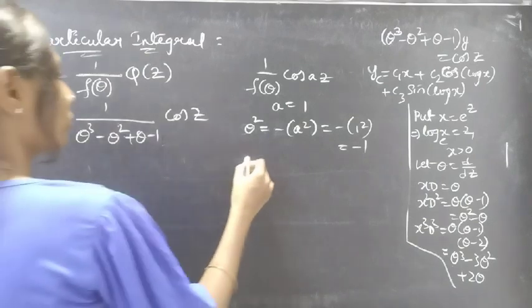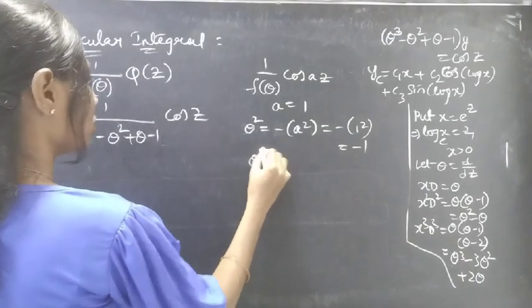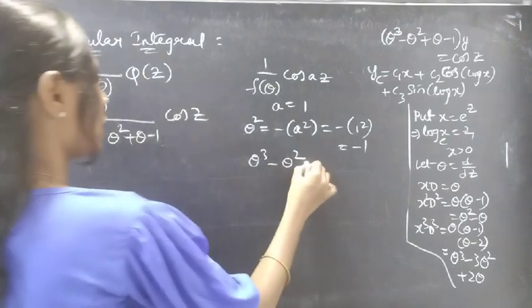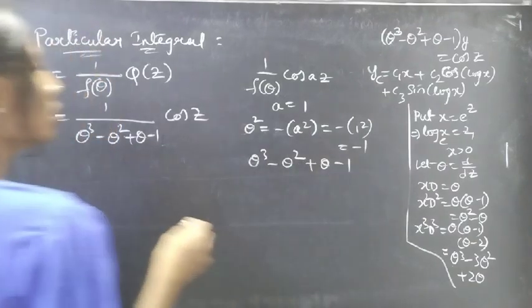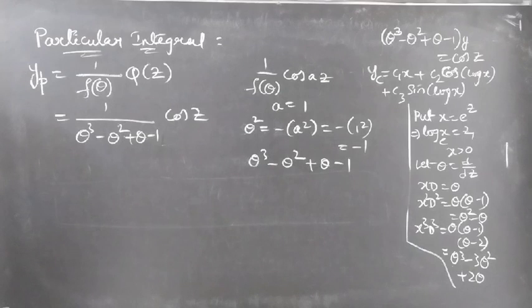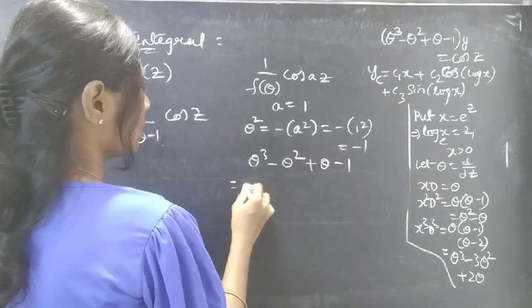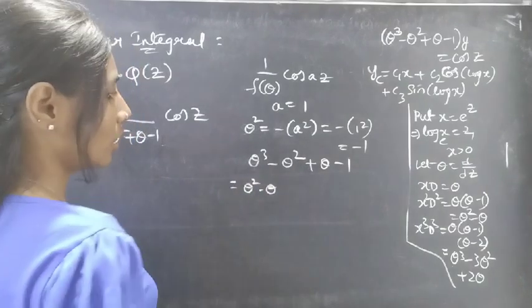Okay, we have the denominator theta cube minus theta square plus theta minus 1. Now we have to see that after replacing by minus 1, the denominator must be non-zero. So we'll check what happens if we replace theta square by minus 1. For that purpose, we'll write theta cube as theta square into theta, right?